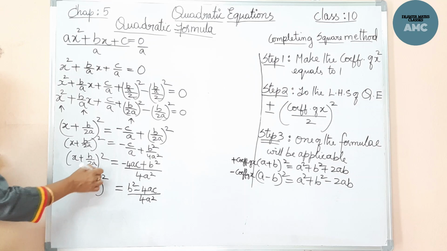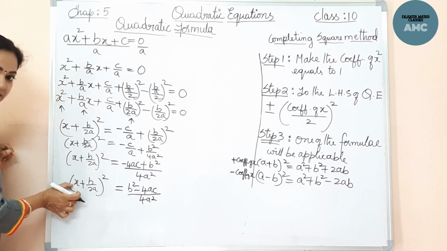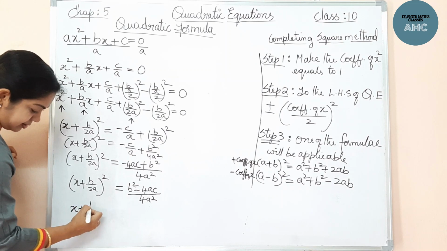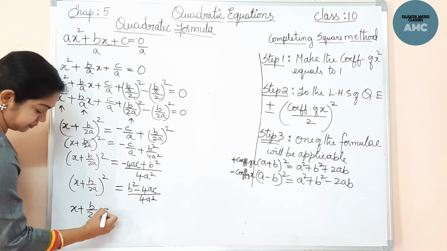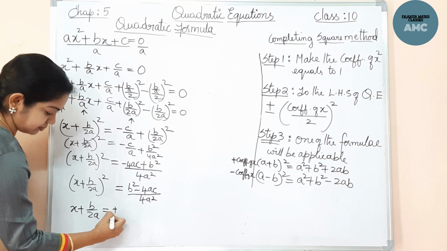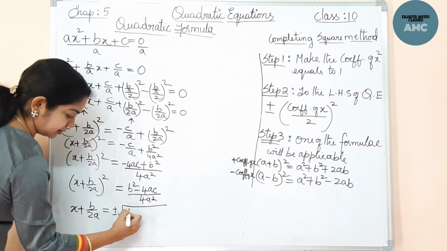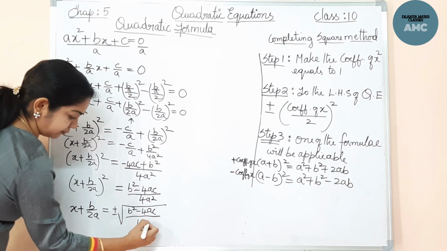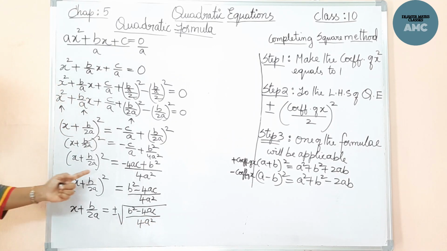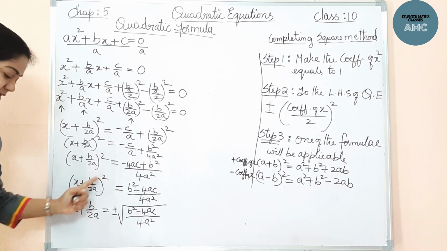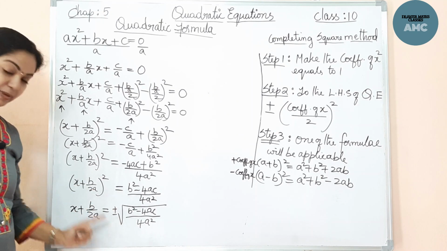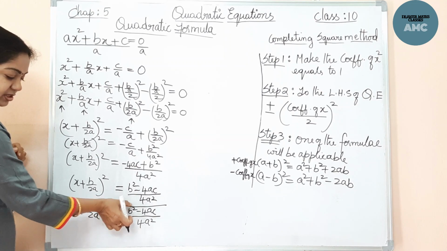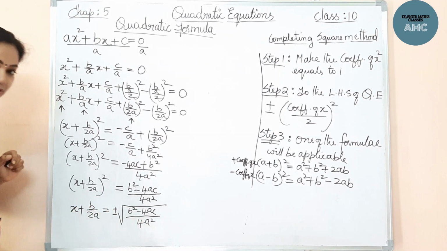Now we want to remove the square because I want to find the root of x. So removing the square, x plus b by 2a equals plus or minus under root b square minus 4ac by 4a square. I am removing the square, so on that side it is square root plus or minus. Now the square root, if it is a division, applies to the numerator as well as the denominator.